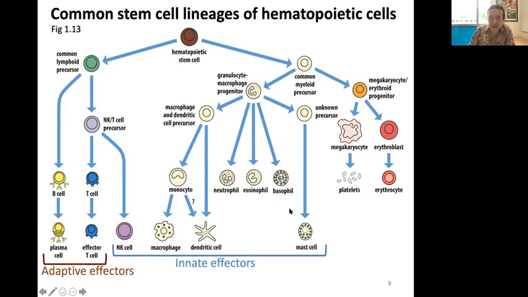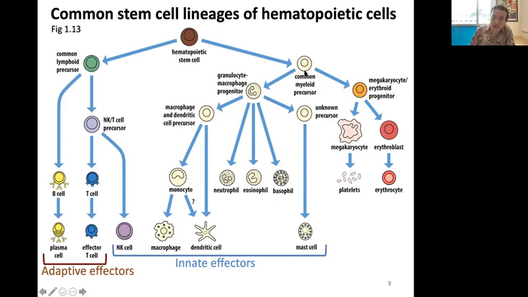As the stem cell is differentiating, some of them just end up becoming things like red blood cells, the erythrocytes, or the megakaryocyte cells that break apart and become the platelets. Typically we don't think about red blood cells and platelets as being effectors against pathogens, but we will learn that things like red blood cells do help out.